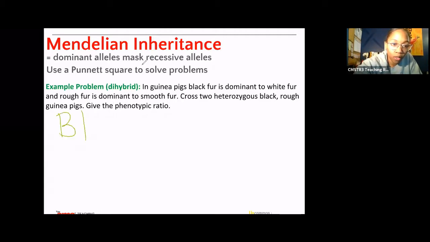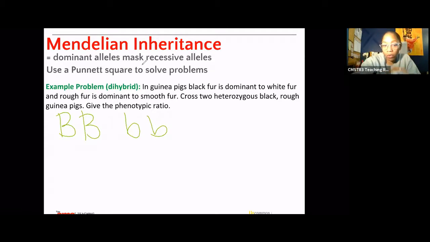So that means big B would be a black one, and little b would be a white guinea pig. When it talks about the rough and the smooth fur, I'm just going to use R's because I can draw that out bigger. So big R would be rough fur, and little r would be smooth fur guinea pigs.